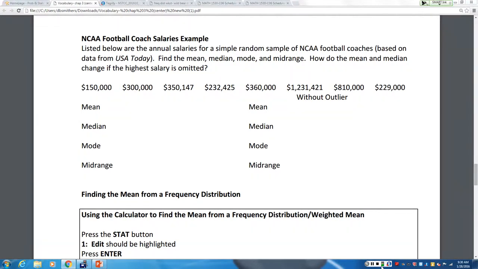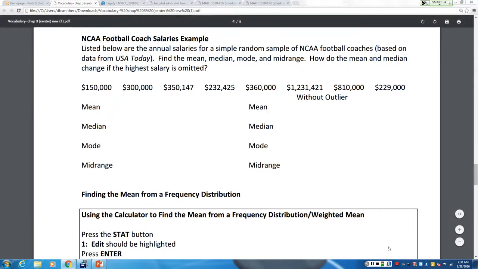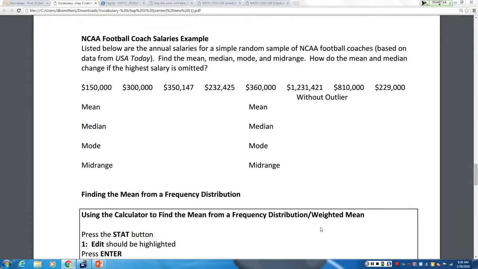So first of all, do you think the rest of the coaches are going to get a fair shake in this deal if we include back then Coach Saban's $1 million contract? Is it going to really represent all of these coaches, do y'all think? No. He has messed it up, folks, right?